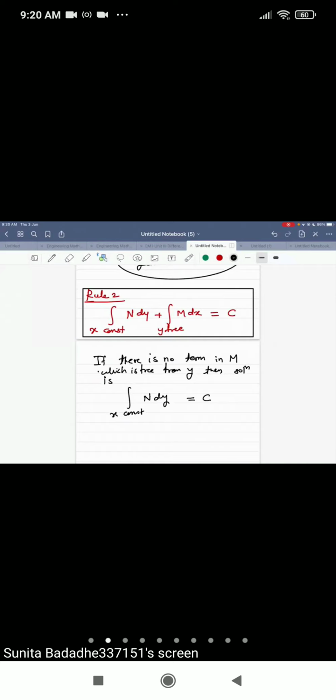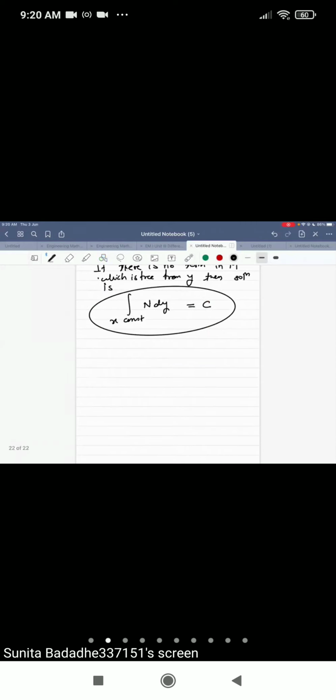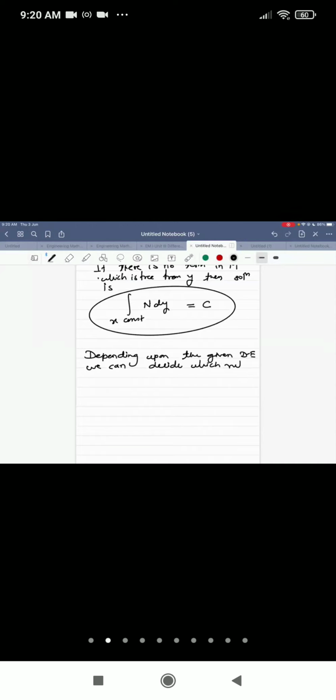So in that case, this becomes the solution. Depending upon the given differential equation, we can decide which rule is more suitable. But in 90% of the cases we apply rule number 1.